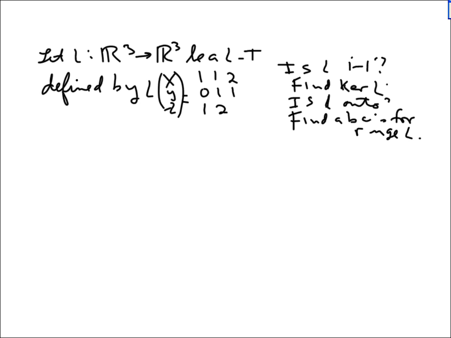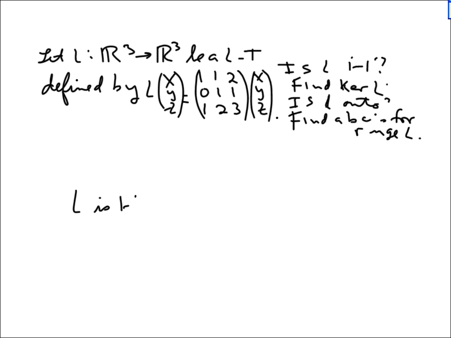Every linear transformation can be written down as a matrix times, in this case, x, y, z. Is L 1 to 1?